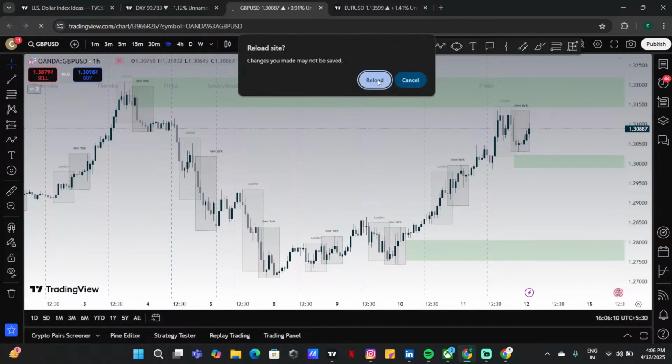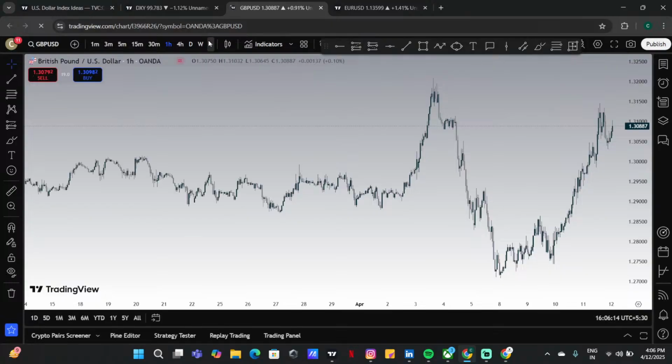I have to reload the chart, I guess. Now it's okay.